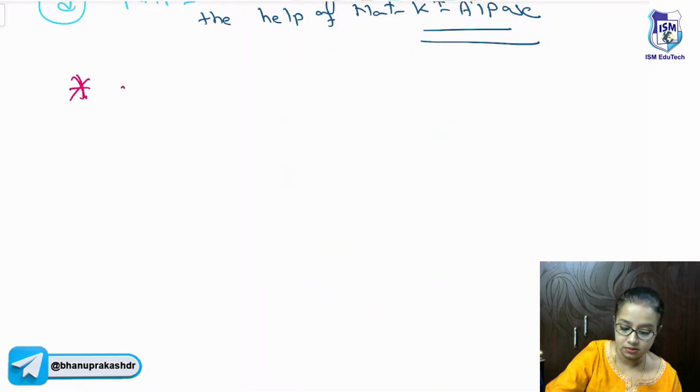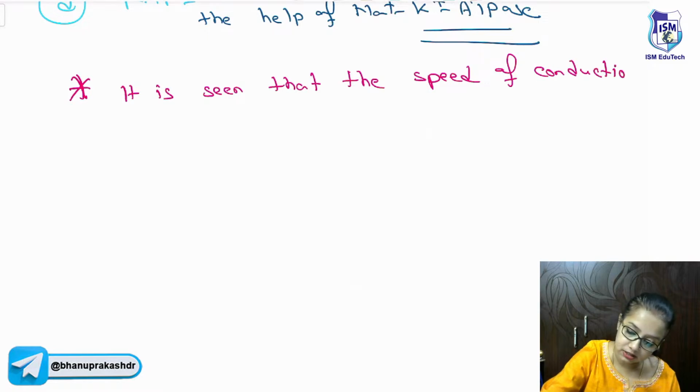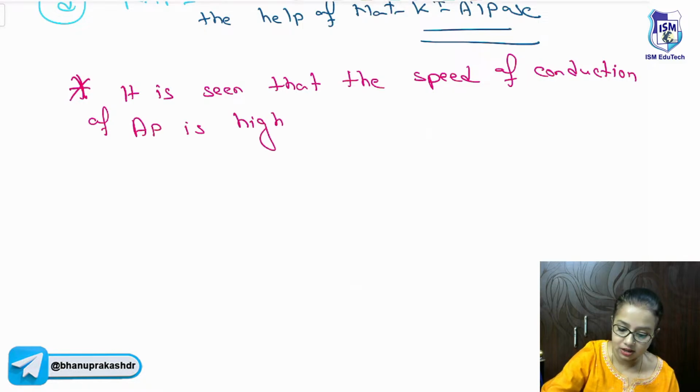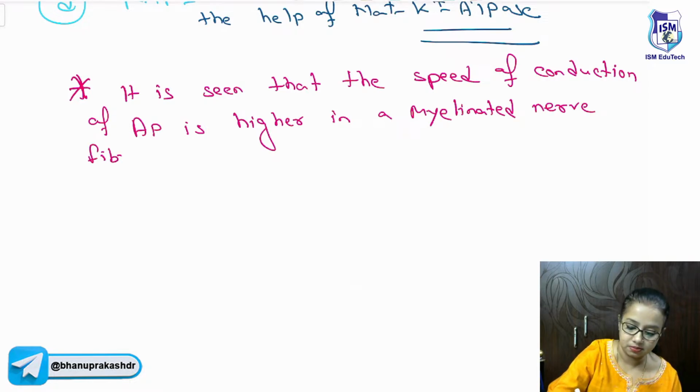a point to remember is that the speed of conduction of action potential is higher in a myelinated nerve fiber.